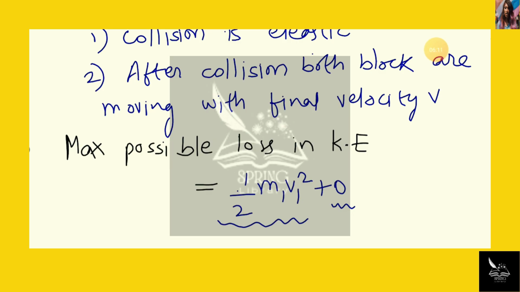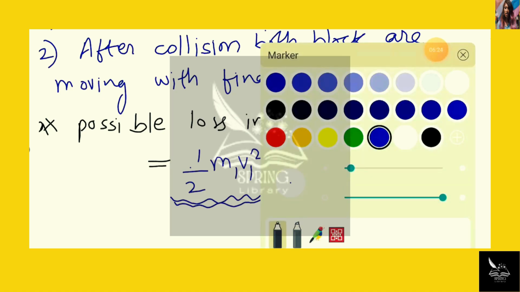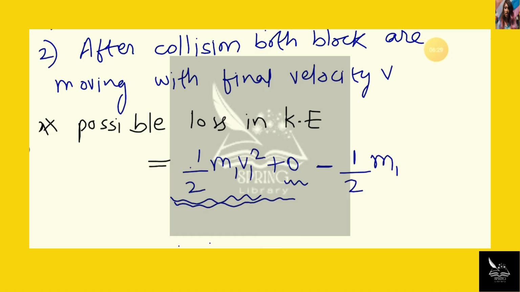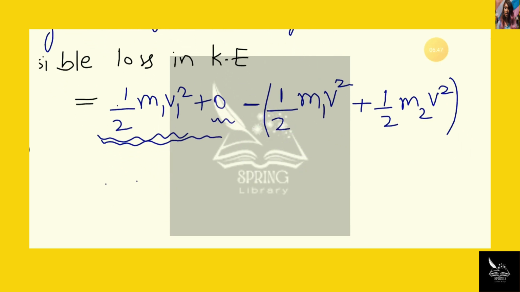Now I write the total kinetic energy after collision, minus the parenthesis, half m1 v square plus half m2 v square. This is equation number 1.